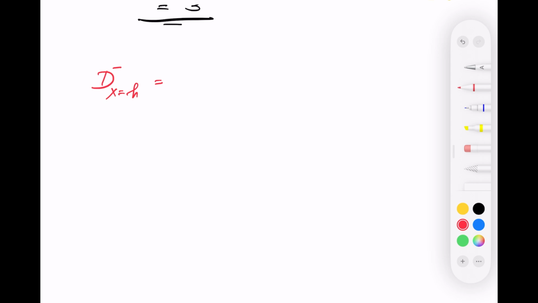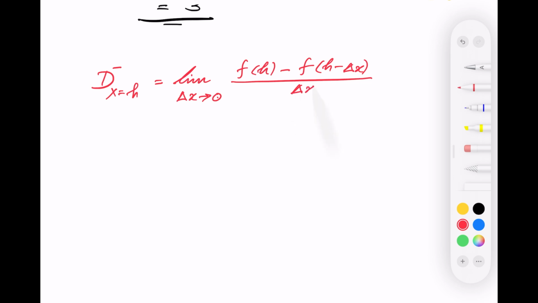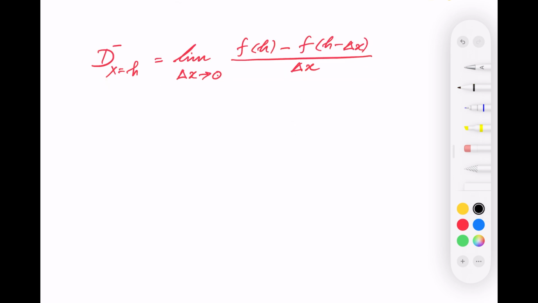We have limit delta x approaches 0, f of h minus f of h minus delta x, all of that divided by delta x. We have to do some modifications for this one once again. This h is going to be equal to 1 for our problem, and the function is given as g. Therefore, let me write it down. D minus at x equals 1.